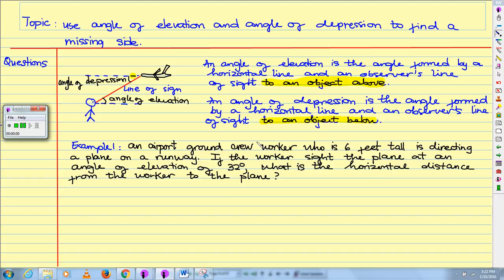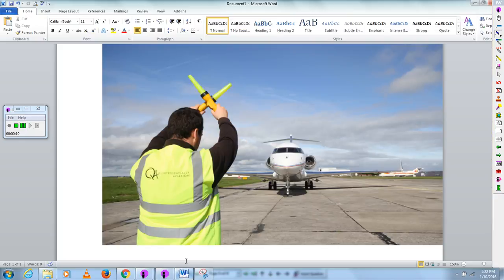In this video, we are going to use the angle of elevation and the angle of depression to find a missing side. First, let's look at this picture here. This person is the airport ground crew, so he directs the airplane to land.